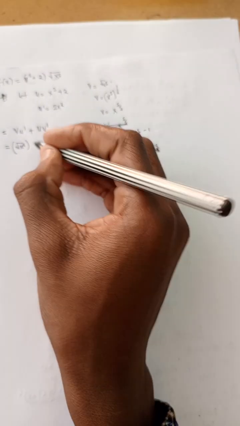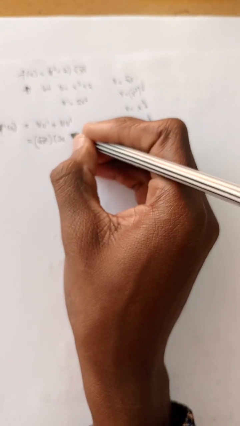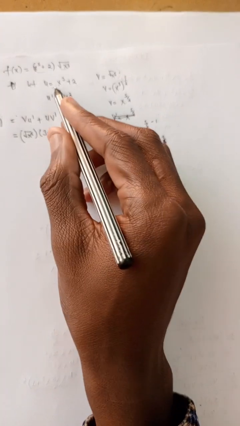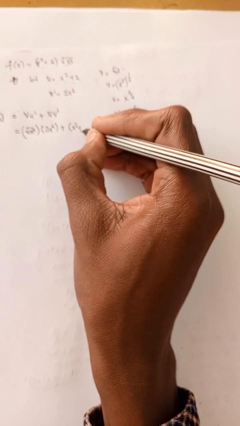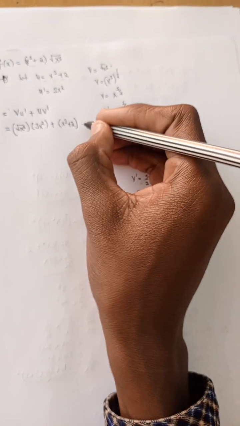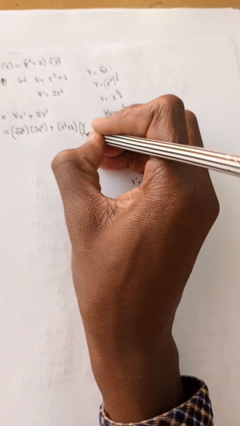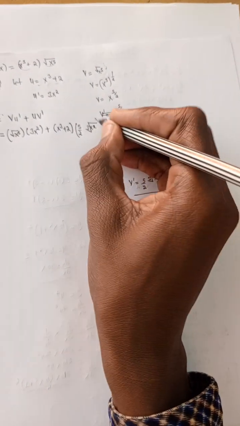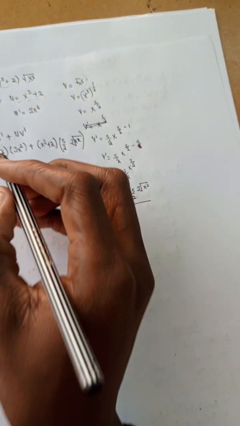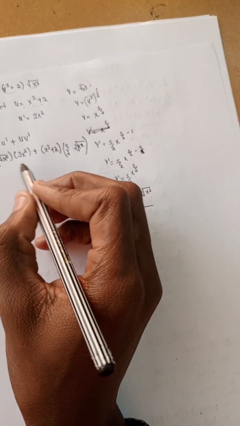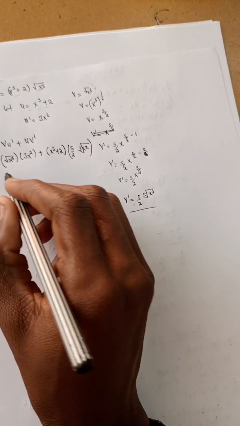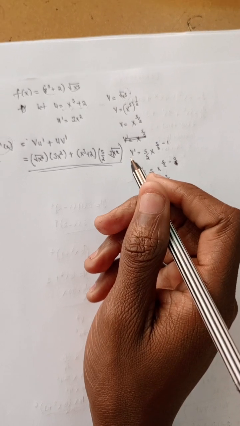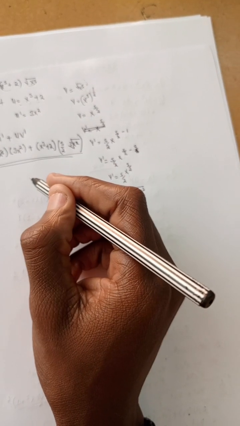What is our u prime? 3x squared plus u is 2, v prime is 5 over 2 x to the power 2. Yeah, so I think we leave it here. It's okay if we leave it here, but if you can simplify, try as much as possible to simplify it.